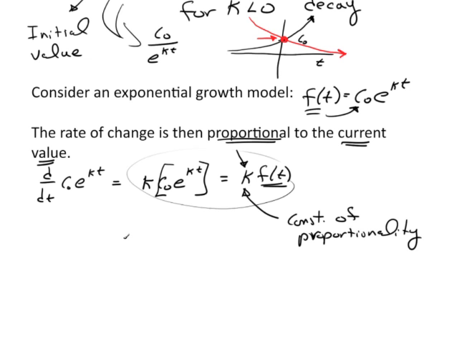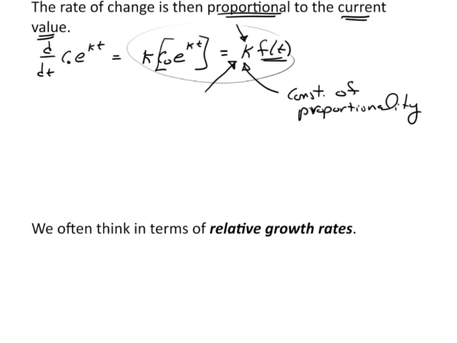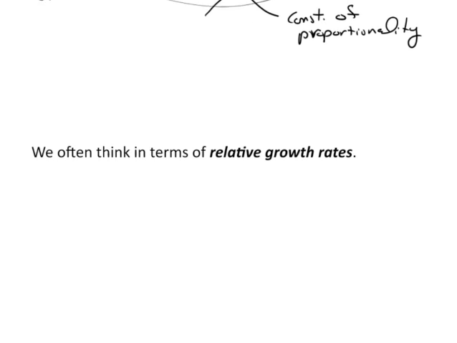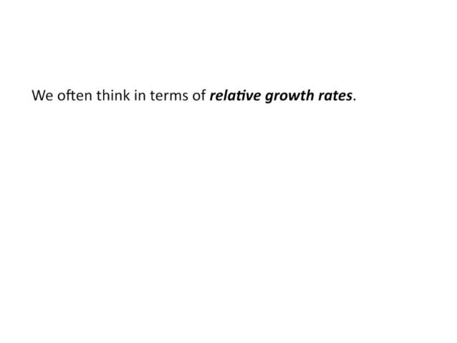So unlike a linear function, clearly the rate of change is not constant. It depends on the current value, and it's, again, proportional to whatever the current value is. Now, we often think in terms of relative growth rates. Now, if we're talking about relative growth rates, then it's obviously a growth rate relative to something.